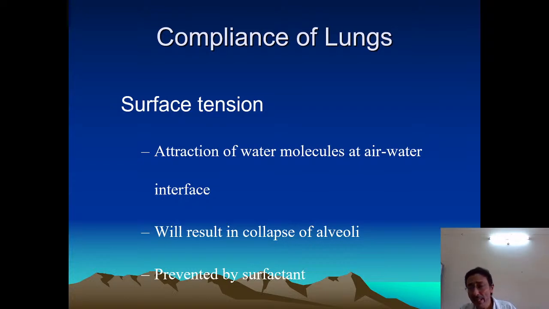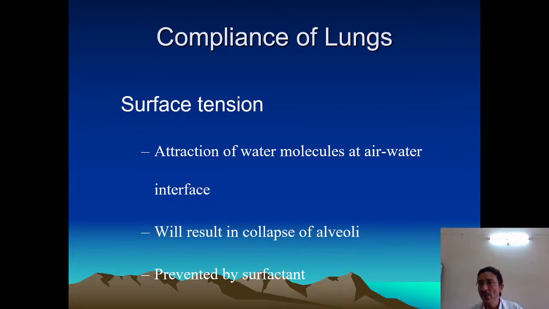The other thing on which the compliance depends is the elastic recoil. As I said, all this is elastic tissue which has a recoil tendency. Collagen fibers present in the alveolar membrane have a recoil tendency. The chest wall has a recoil tendency. When the chest muscles are expanding, they are recoiling. The costal cartilages are recoiling. So all these recoil tendencies affect the compliance of the lungs.